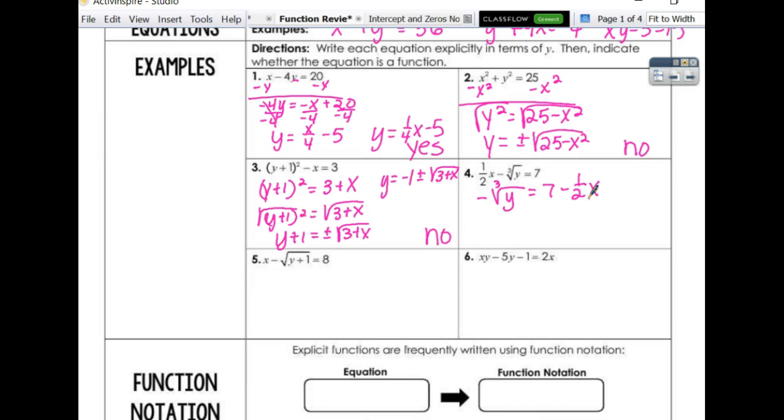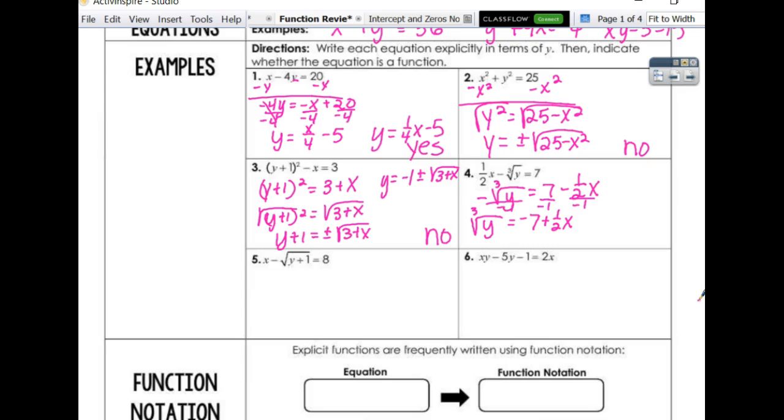Now I have to get rid of the negative sign. I'm multiplying, so how do I get rid of the negative? Divide. So I'm going to divide through by negative 1, and what does that do? It just changes the signs, right? So now what's the reciprocal of a cube root?